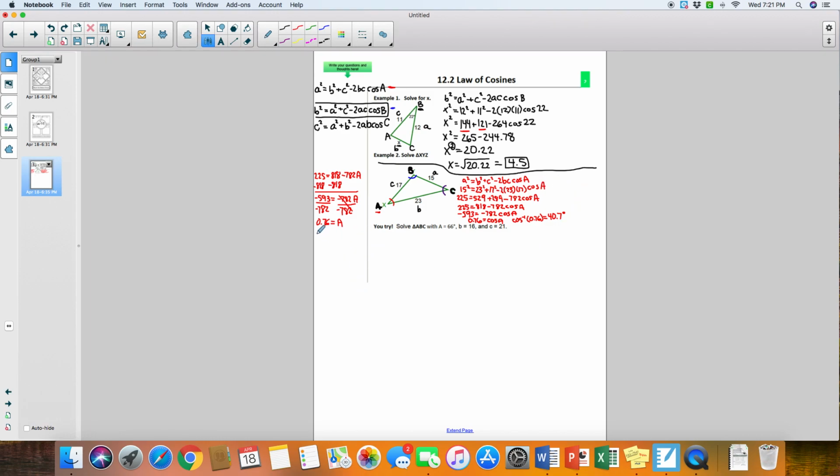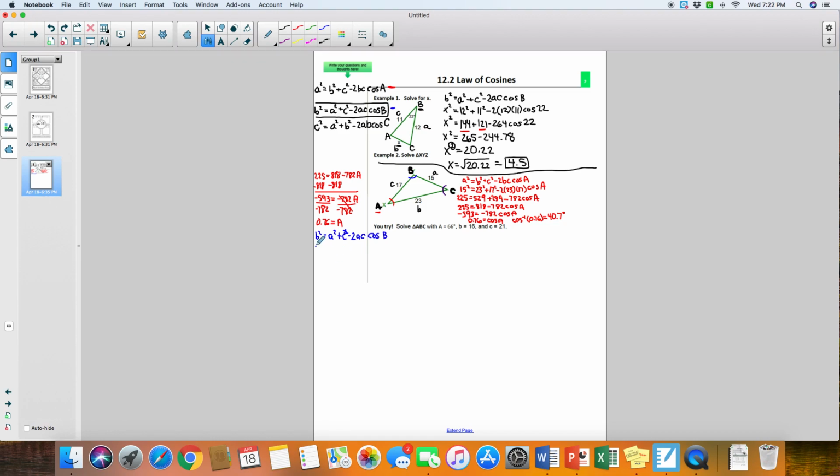So I would have B squared equals A squared plus C squared minus 2 times A times C times cosine of angle B. Then I want to substitute.